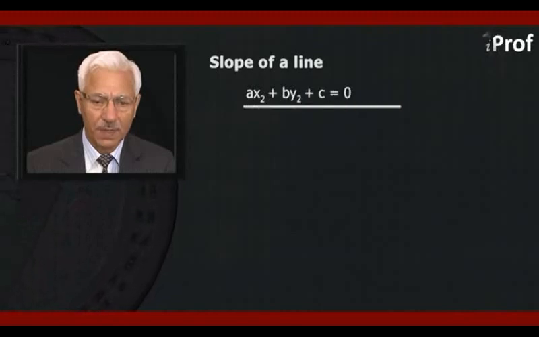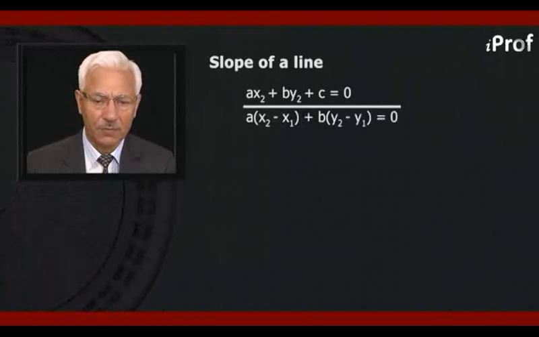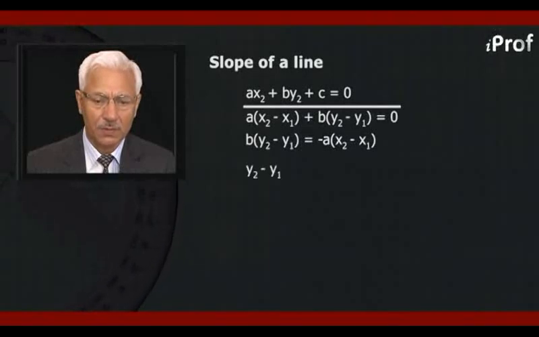Subtracting, we get a times (x2 minus x1) plus b times (y2 minus y1) equals 0. That is b times (y2 minus y1) is equal to minus a times (x2 minus x1). That is (y2 minus y1) upon (x2 minus x1) equals minus a upon b.